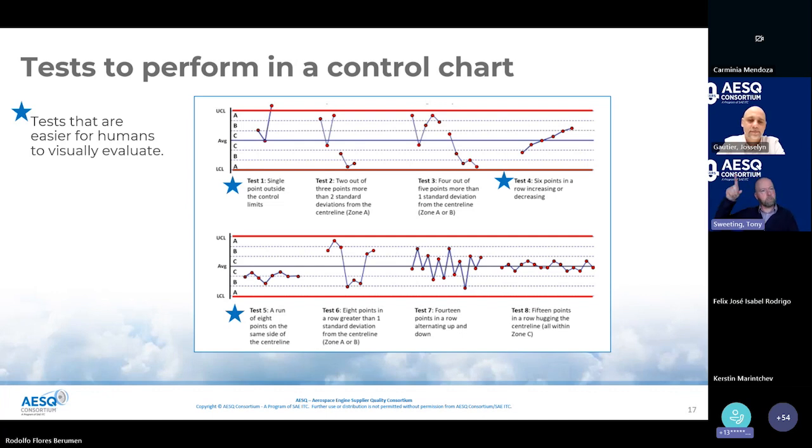I expected it to bounce around that center line, and now it isn't. Test number 5, my average or my mean has suddenly dropped in this particular case. It's not where I expected. In this particular case, 1 standard deviation below where I expected. My average is shifted. So I'm still within my limits, but my average seems to have shifted.